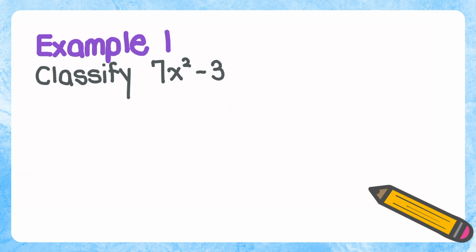Let's classify some polynomials. Our first example is to classify 7x squared minus 3x plus 4. What kind of polynomial is this? First, let's look at the highest degree of the function. The highest degree is 2.